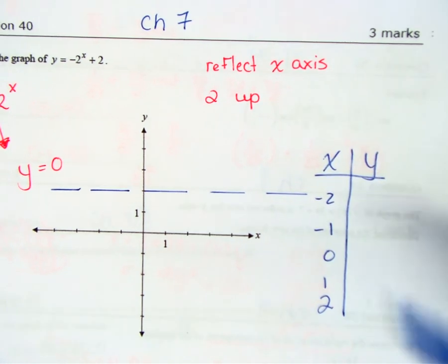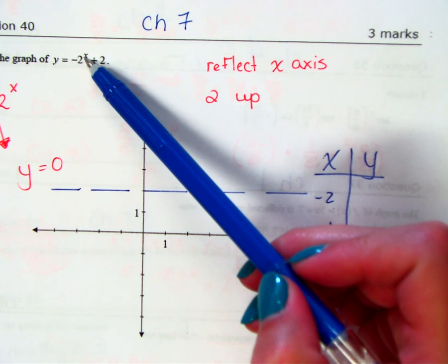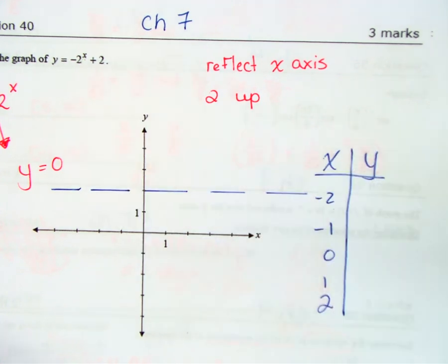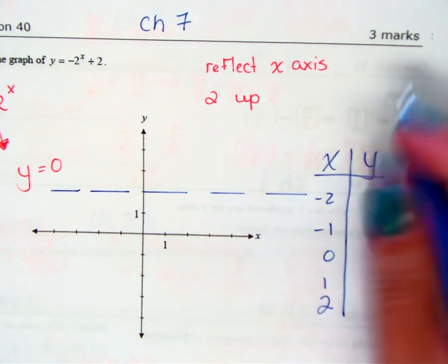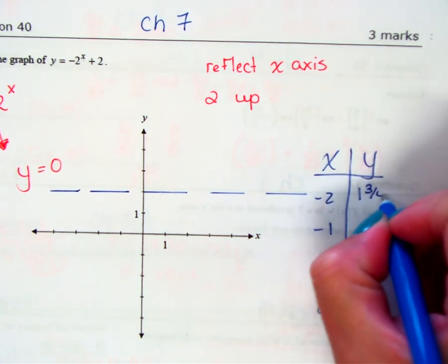Okay, so if I'm substituting these into here, if I put -2 in here, that would make my base 1/4. 1/4 times the negative out front is -1/4, plus 2 would be 1 3/4.